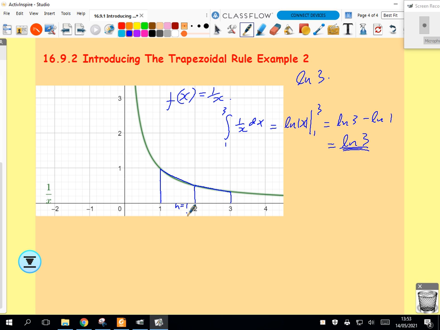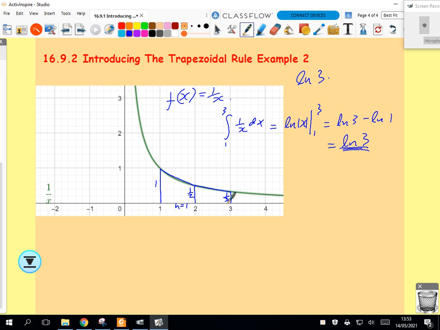The length of the first offset will be 1 divided by 1 because the function is 1 divided by whatever the x-coordinate is. So when the x-coordinate is 1, 1 divided by 1 gives me 1. When the x-coordinate is 2, the height of that offset will be 1 divided by 2. When the x-coordinate is 3, the height of that offset will be 1 divided by 3.